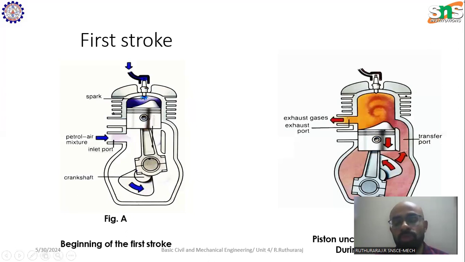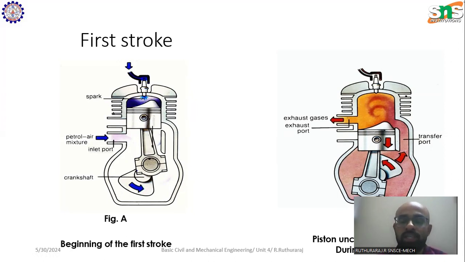So the air fuel mixture will flow inside the piston, connecting rod, crankshaft, the entire space. Whereas in a four-stroke engine, the air fuel mixture will be present only in the combustion chamber. But here it will be surrounding the entire engine.